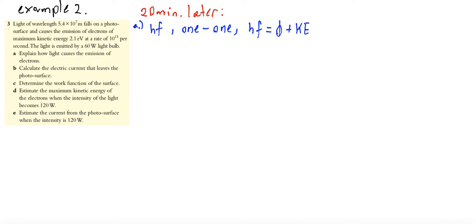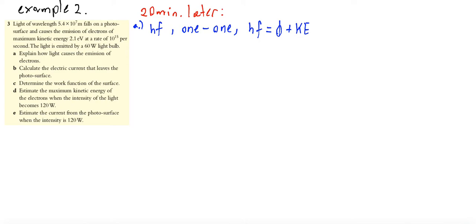Just these 3 points, yes? So light is a photon. One photon can remove one electron. When the energy of light is bigger than the work function, then electrons are removed from the surface, and the rest of this energy is delivered in the form of kinetic energy to the electrons. I hope you had this.